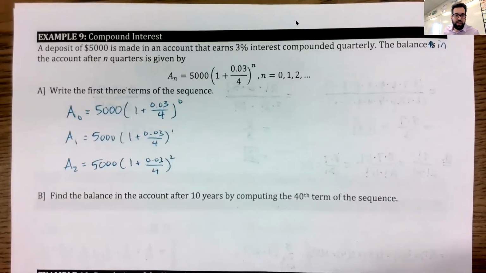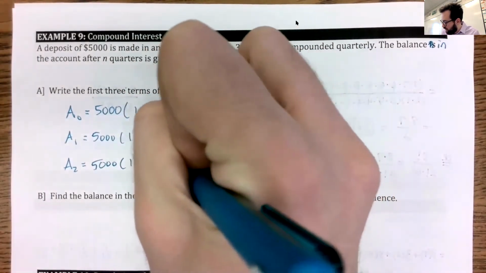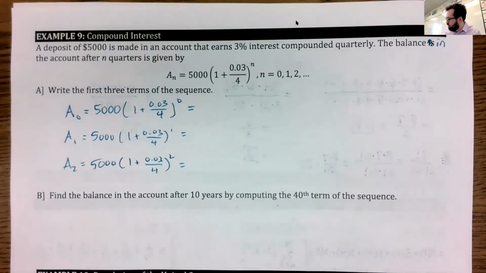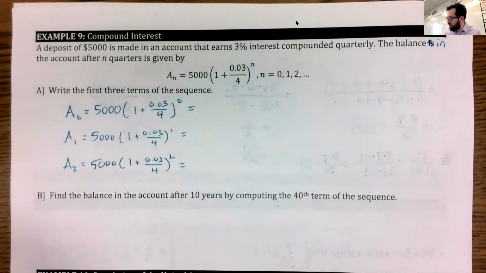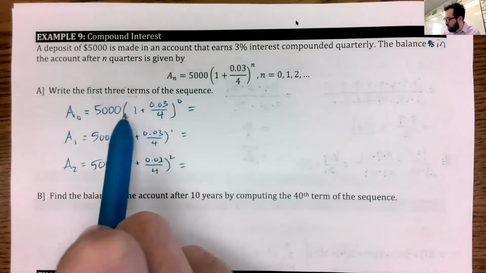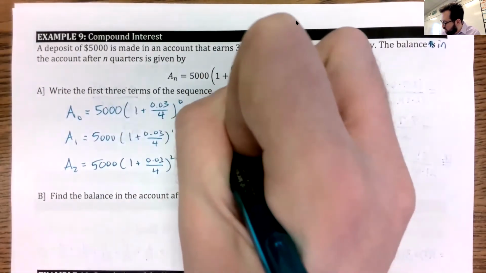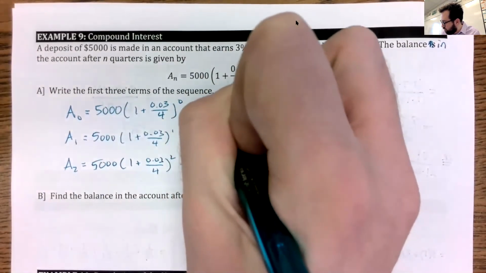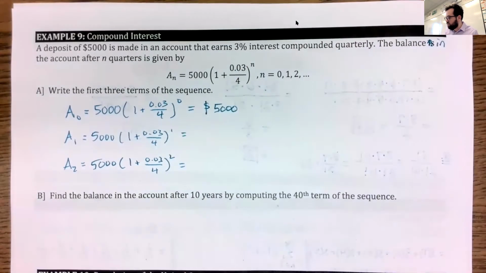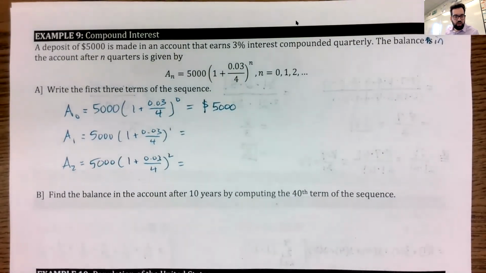It's a compound interest formula from back towards the beginning of the school year, but now it's defined using a sequence. But let's just plug each of these in. If you raise anything to the 0 power, you get 1. So the first term is just going to be 5,000, and this is a dollar amount, so now I'm going to include the dollar sign for the answer.